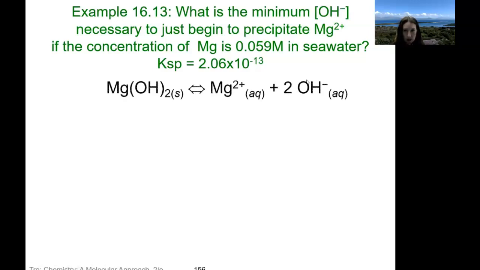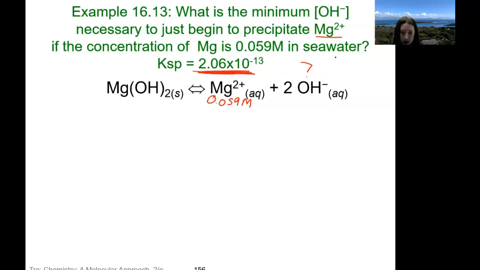So they gave us the KSP here, and the question is, what's the minimum amount of OH needed to just precipitate magnesium when the magnesium has this concentration? So what is OH? And they gave us our K here.